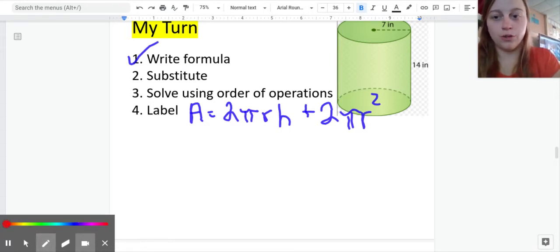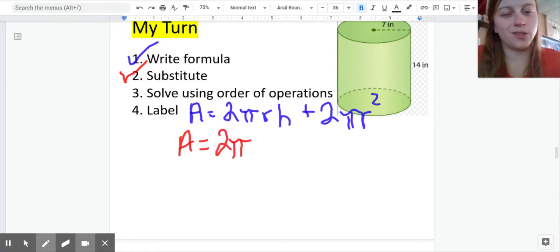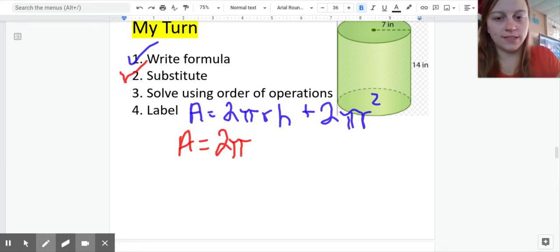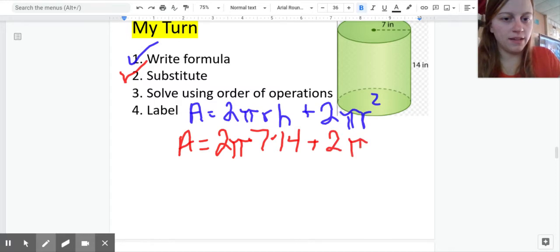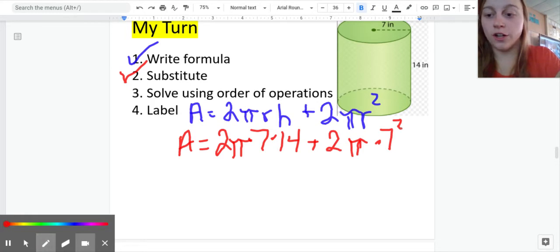Next, I'm going to substitute. So I'm going to just keep writing pi mainly because it's quicker than writing decimals. Times my radius, which is 7, times my height, which is 14, plus 2 times pi, times my radius squared, which would be 7 squared. Yes, you need to show that exponent. Now I am ready to start solving.